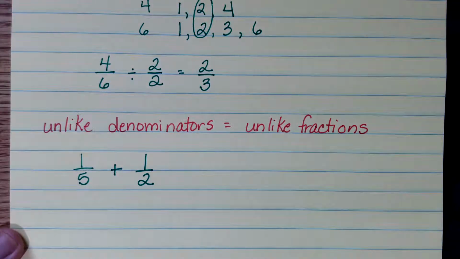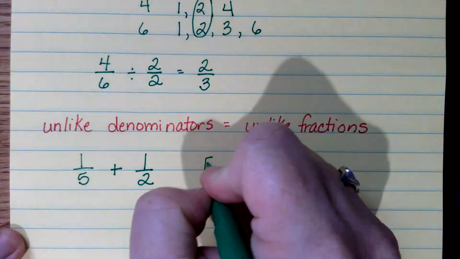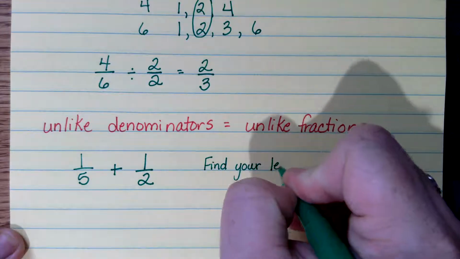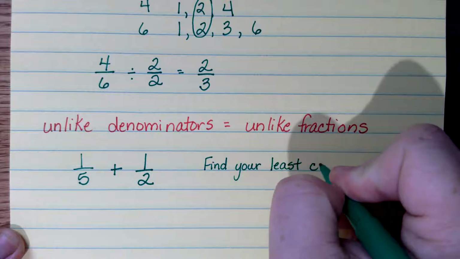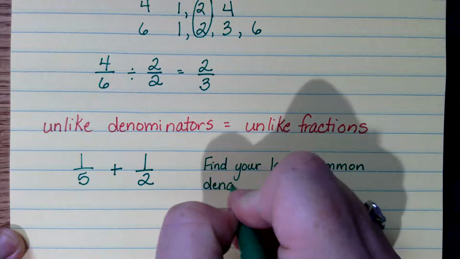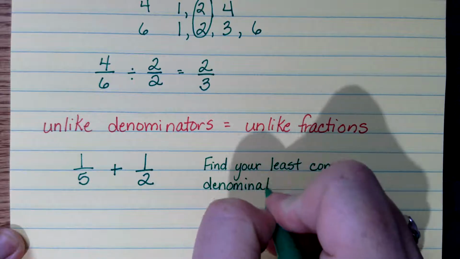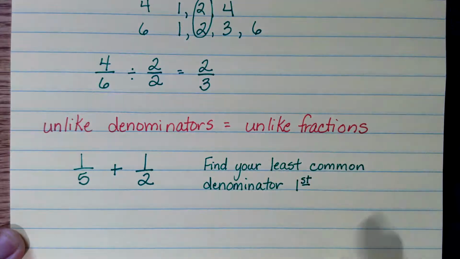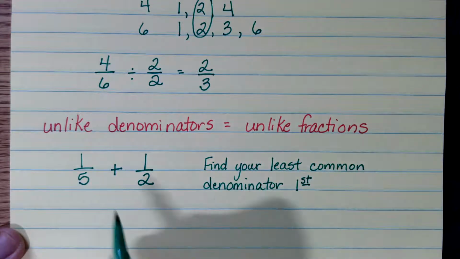So we are going to write the multiples of each denominator. So we're going to find our least common denominator first. Remember, that's done by listing the multiples of each of the denominators.